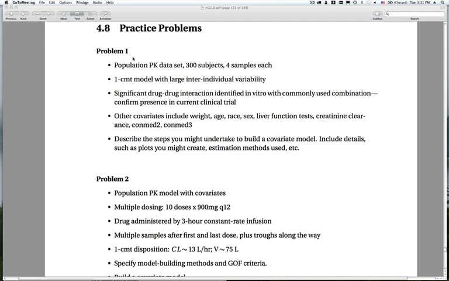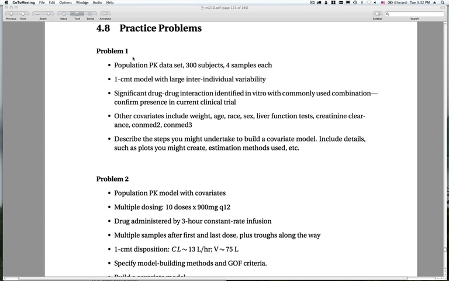The first one is more of a thought exercise, and we'll discuss this on Friday. But I want you to think, what if you had a POP-PK data set, pretty decent size, 300 subjects, 4 samples each. You have a simple model, one compartment with large variability, and in vitro there's been identification of a potential drug-drug interaction, and it's a con-med that's commonly used in this patient population.